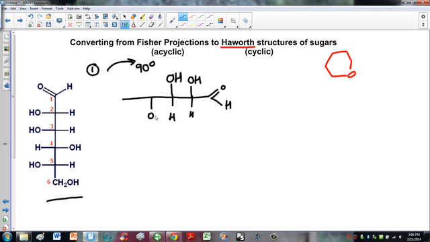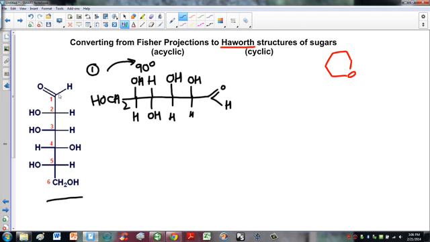We've got the OH down and the hydrogen up. Then when we get to carbon 5, we have the OH up again, as we had for carbons 2 and 3, and the hydrogen down. And then right at the end here we have our carbon with the 2 hydrogens and then the OH. Alright, so that's step 1.